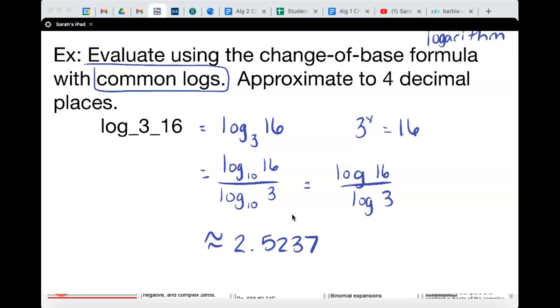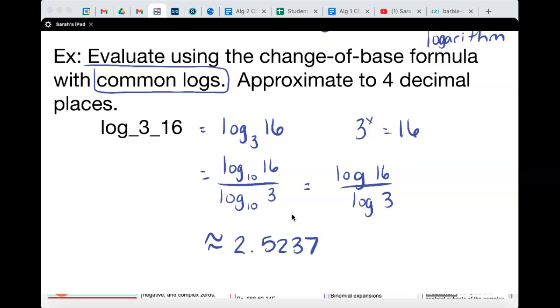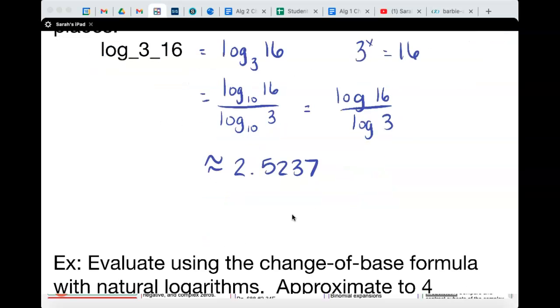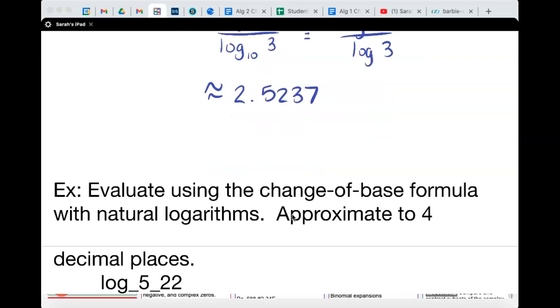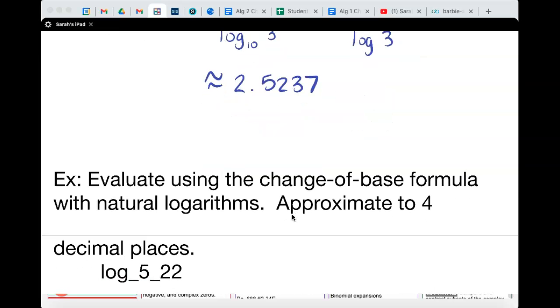So we know the exponent for that exponential expression would be 2.5-ish. So, not too shabby. We have another one like it.